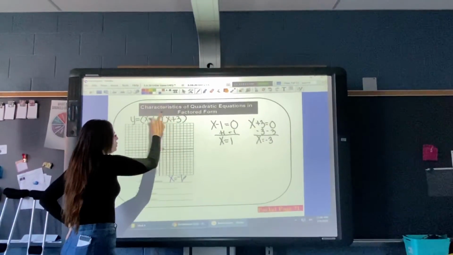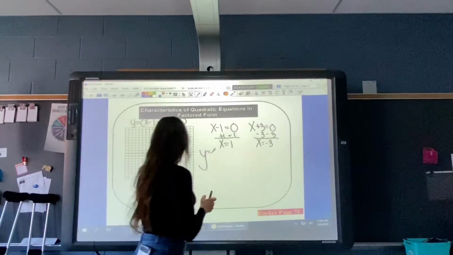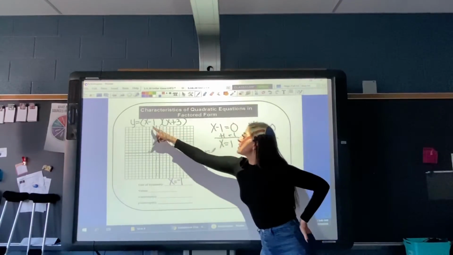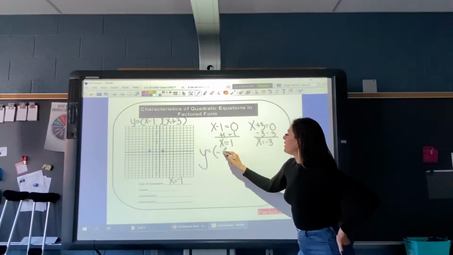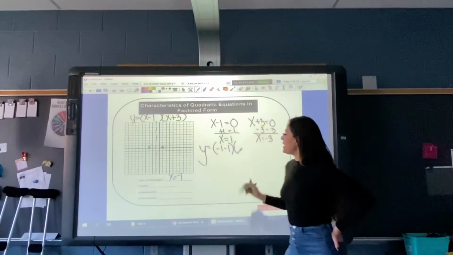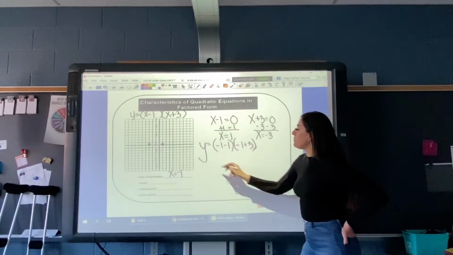So I'm going to take my original equation and say y equals. Now my x value, my line of symmetry, is negative 1, so instead of x minus 1, I'll write out negative 1 minus 1, times, instead of x plus 3, I'll say negative 1 plus 3. And then just start to simplify.